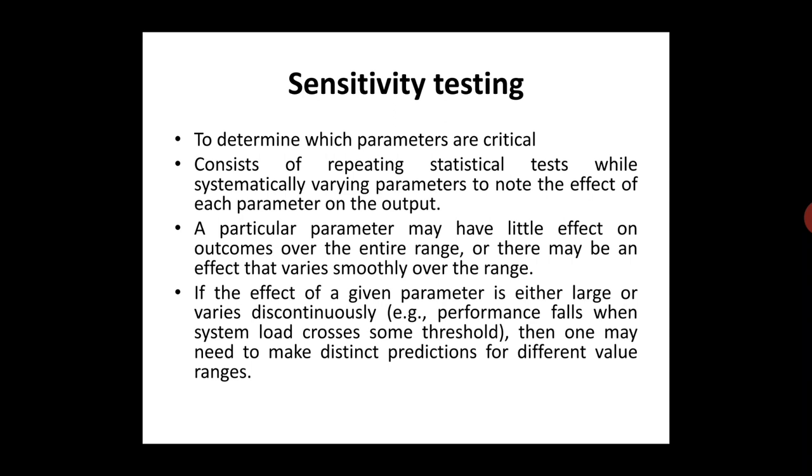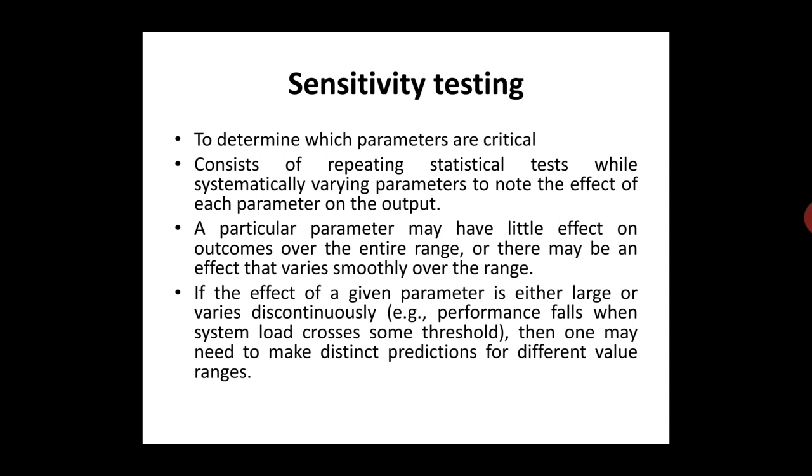Here performance is considered a critical parameter. In the same way, we have different critical parameters. Here they have mentioned one critical parameter, that's called performance. Performance falls when system load crosses some threshold.